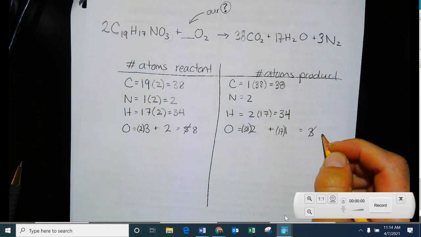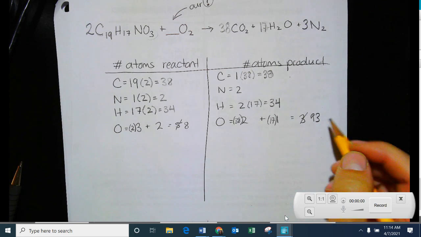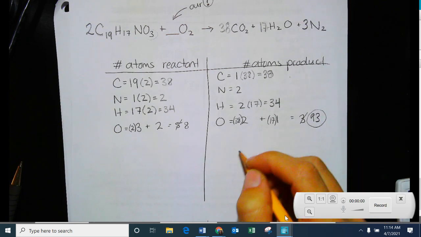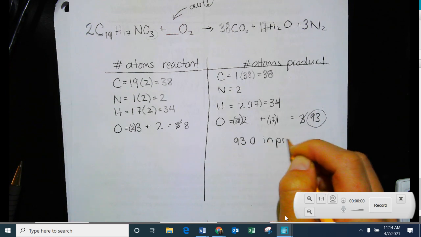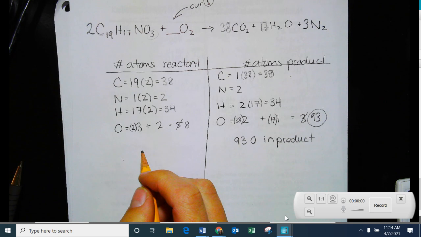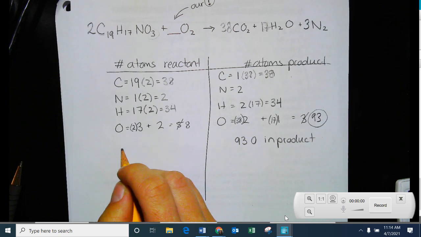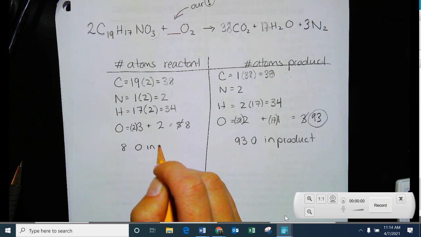Okay. So basically where we got to before it got confusing was we had 93 oxygens on this side. And we only had 8 oxygens in reactants.